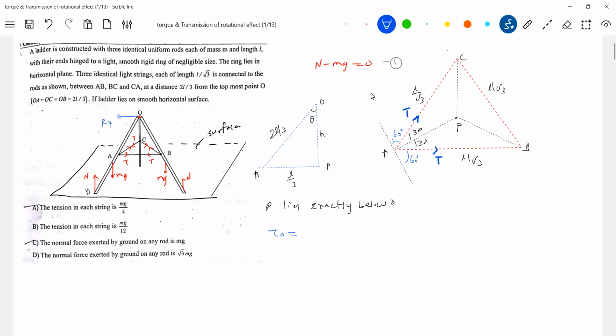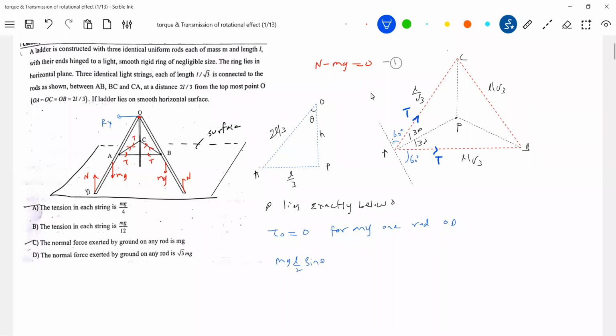It's in equilibrium, no? Torque about O for any one rod, here the rod OD. Let's go for the torque. How to write the torque equation? mg L by 2 sine theta.